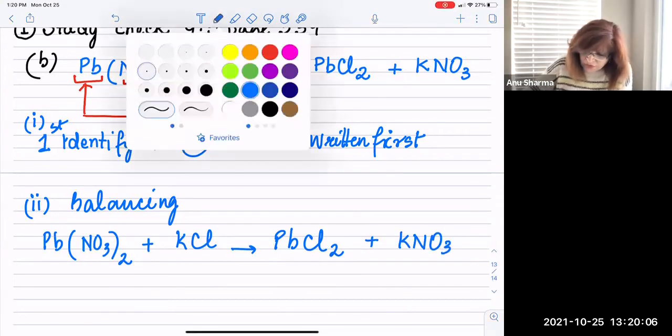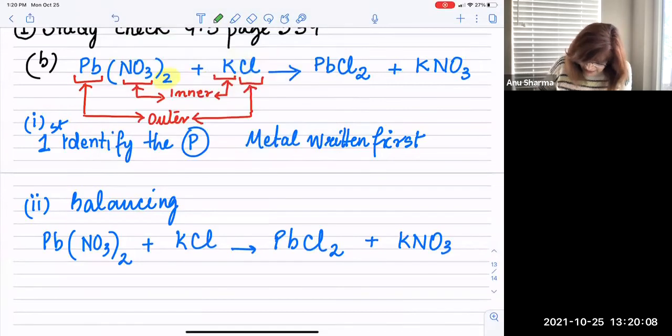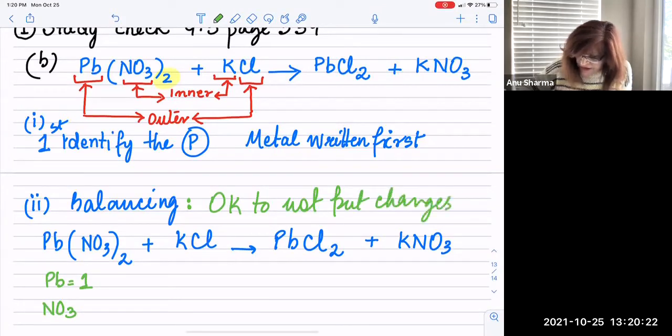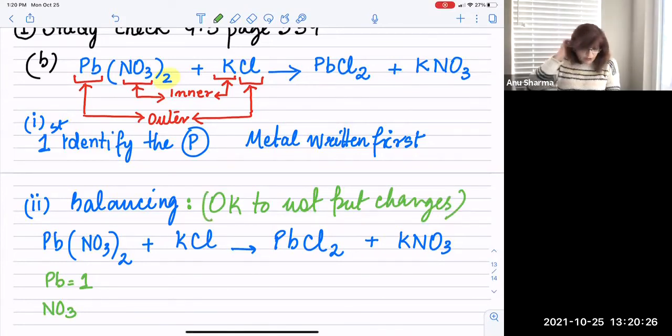Okay, so now look at the lead is 1, nitrates are 2. So when you're balancing, it's okay to not put charges, because sometimes for the students it's too confusing. Some students, not all the time, but it's okay to not put charges while you're balancing.